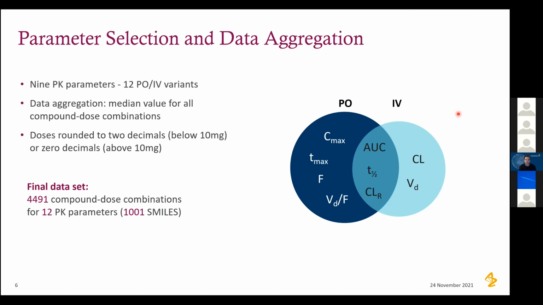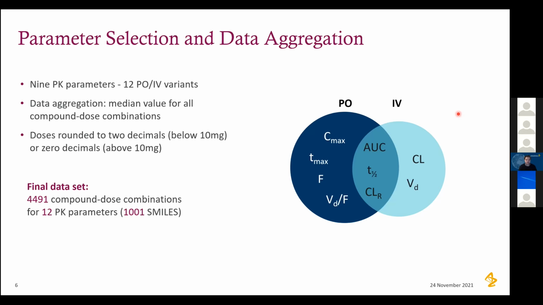Since we thought that dose is going to be important when predicting Cmax and AUC, since these are dose driven, we chose to not aggregate down to only one row per compound, but we actually took both dose and compound into account, meaning that in our final data set, a compound can be present multiple times, but at different doses.